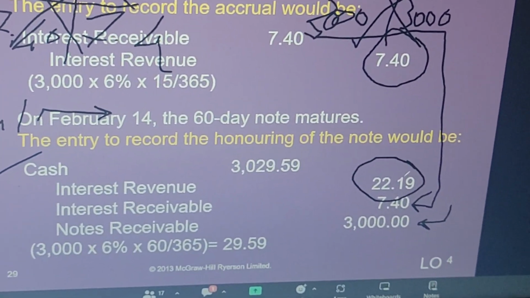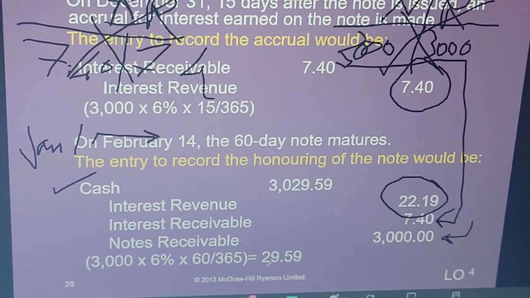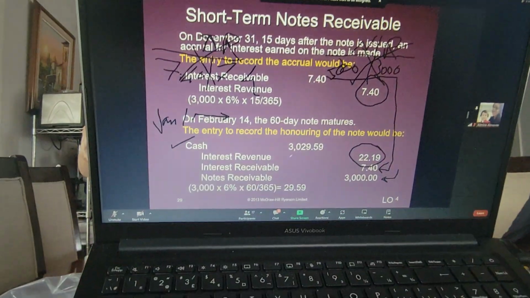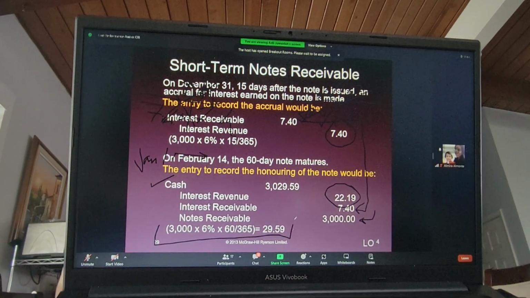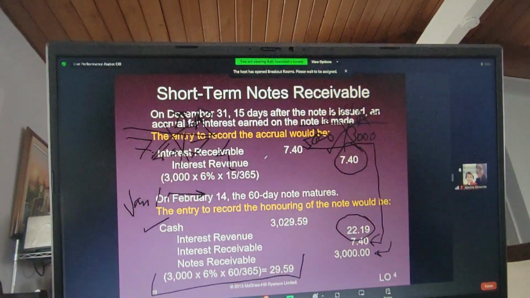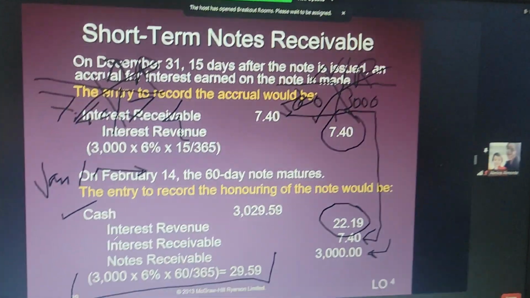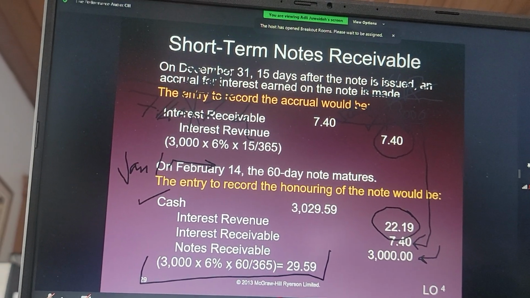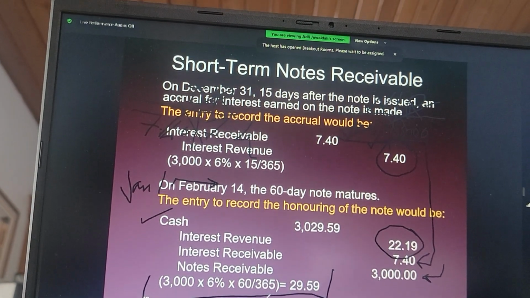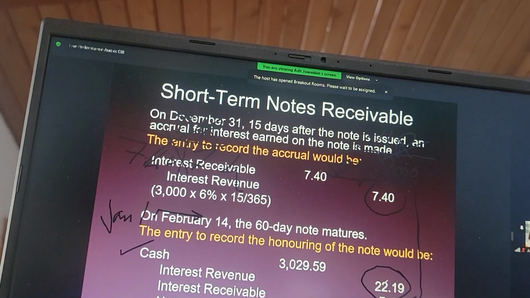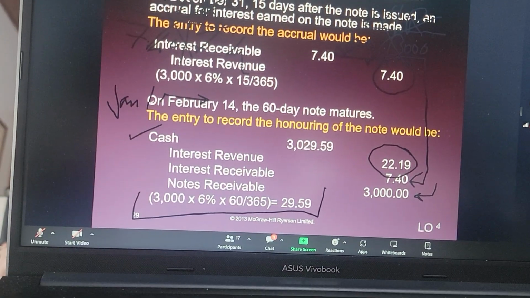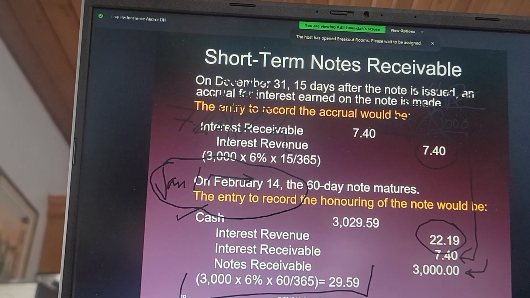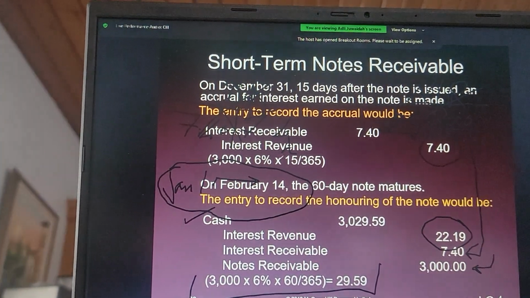This is my interest. Now this, you can calculate in two methods. What he did here, which I wouldn't do, I would do only if I don't have this entry done, if there is no end of year: the whole principal by the interest rate and the total days. Here, I'm calculating the interest between January 1st and February 14th. My entry here was for how many days?